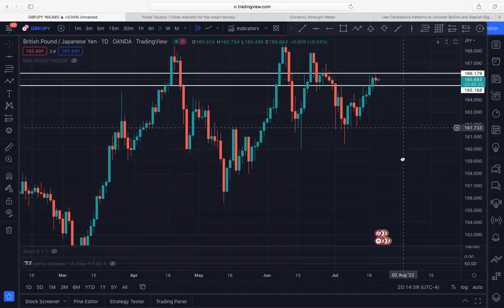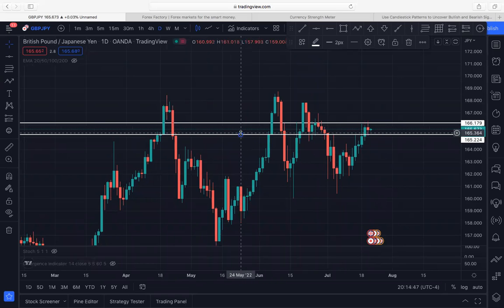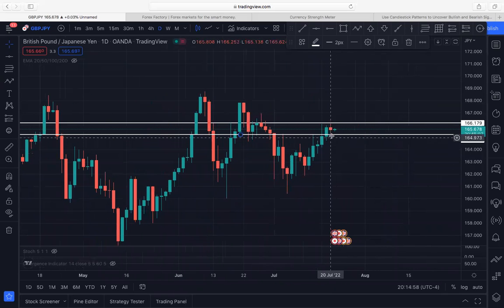For the support, I'm going to do the support first. The reason I put the line here is because, 1, it's below this candle here. But if you look, this wick right here came right to the line. This wick came right to this line. This wick came right to the line.